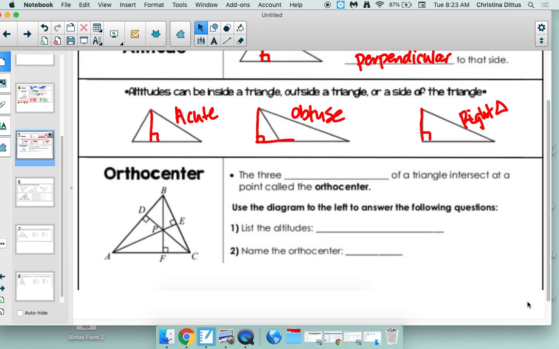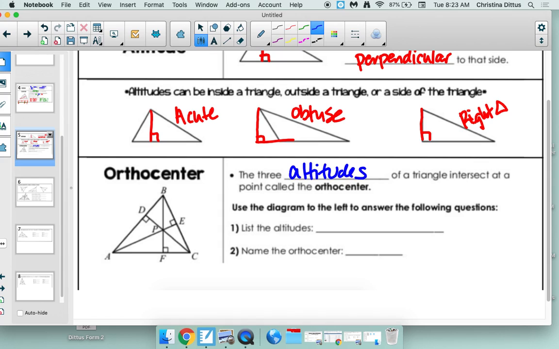Alright, where the three altitudes meet is called the orthocenter. I don't think I'll ever ask you about the orthocenter, but fun facts. I don't know why it's called orthocenter either. You could probably Google it. Alright, we're just going to list the altitudes.